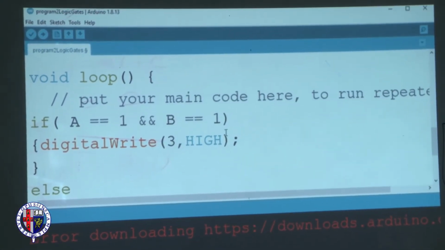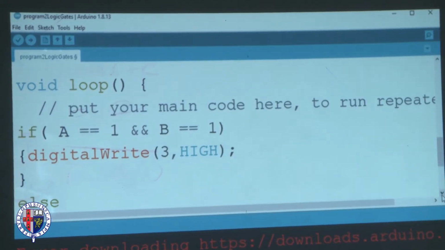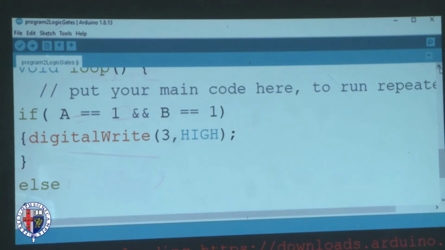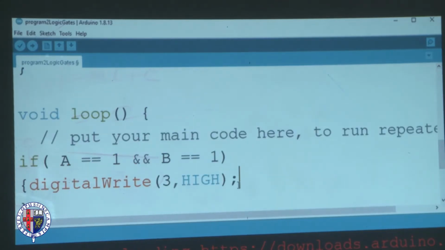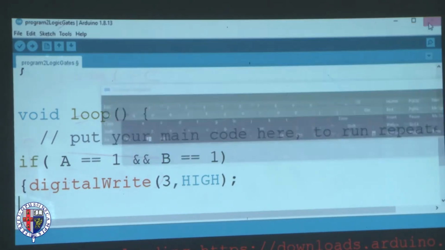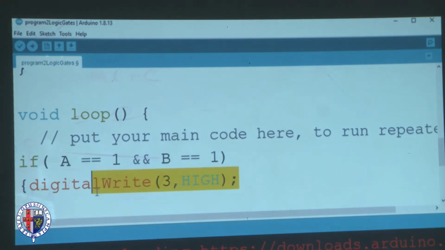Alright, so this one is like this. Right now this is saying digital write, 5 volts on pin 3, but that is only when the input A is 1 and when the input B is 1.